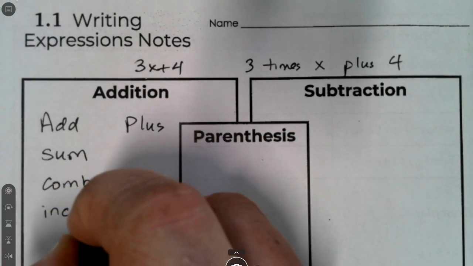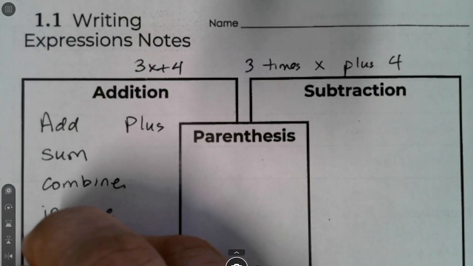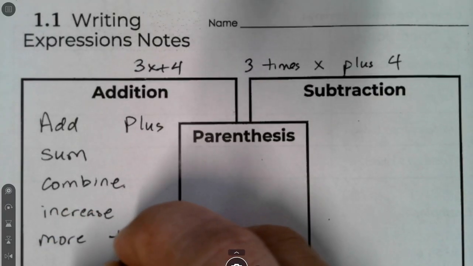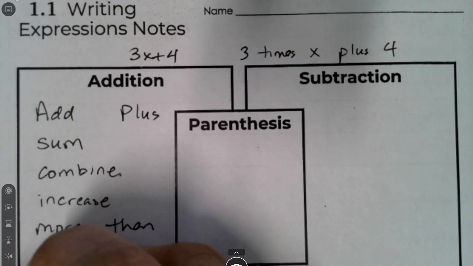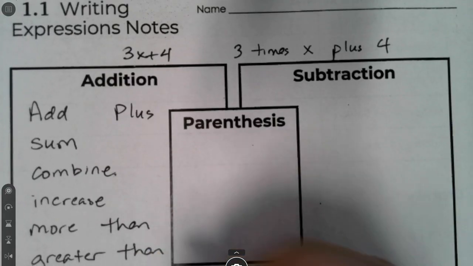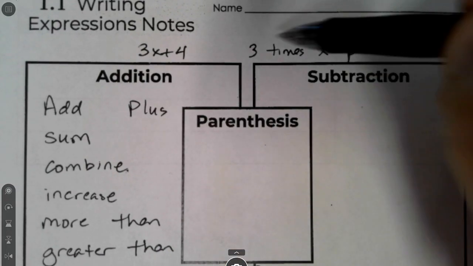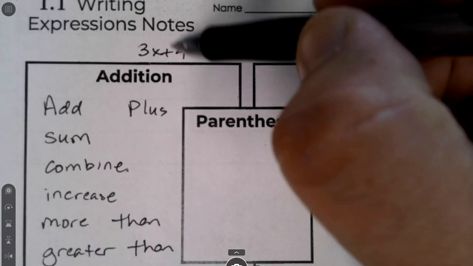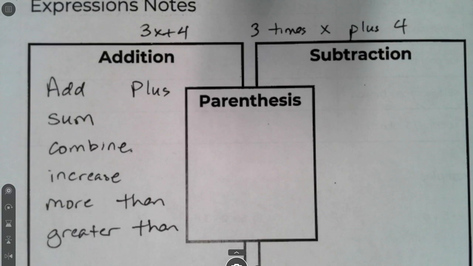Increase, more than, or greater than. Now there are some others you could use, but as far as what you'll see in the book or on worksheets that are going to start this way and ask you to move this direction, that should cover them. And if you need to pause because I'm going too quickly, just keep in mind you can just pause.